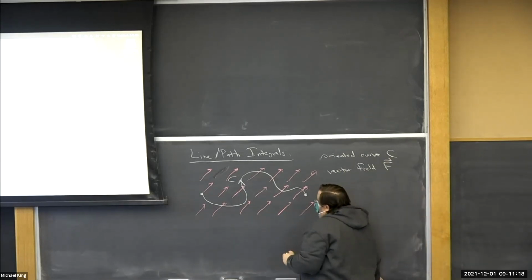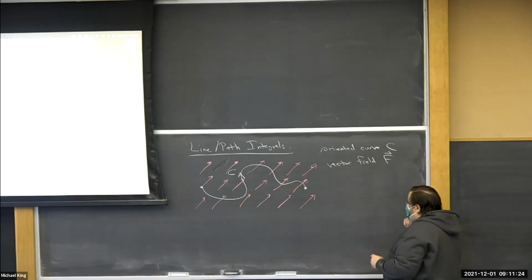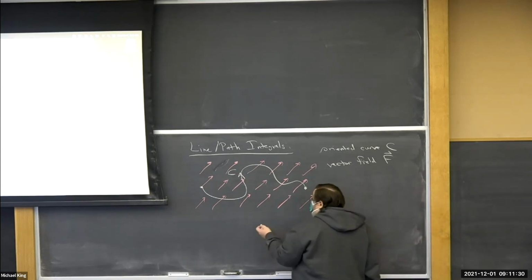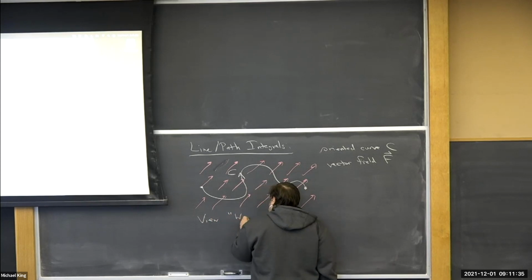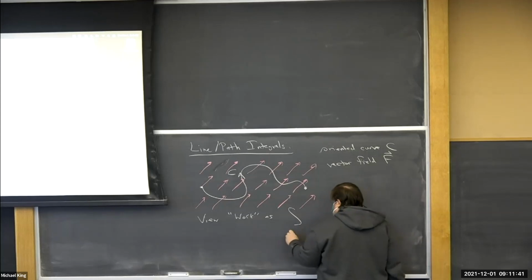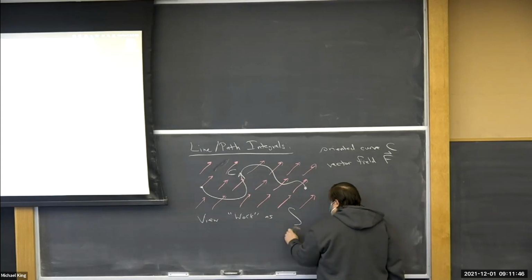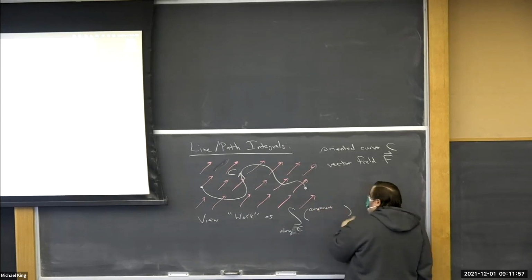And of course, that's the idea that at every point there's a vector coming out of it, right? And we have this idea of the line integral. So we want to view work, the physics concept of work, as the integral along C of the component of F along C. We talked about how to integrate a function along a path last time.